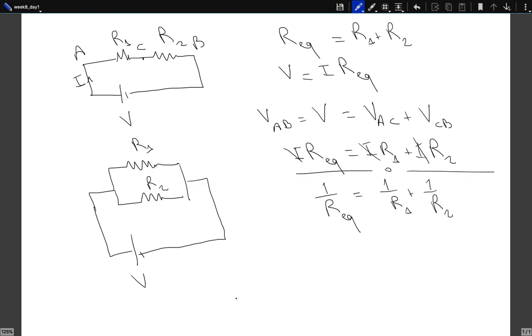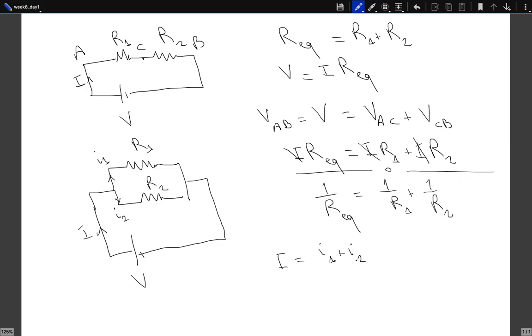And to obtain this result, what we used was, if the total current running through the circuit is I, part of it will go over resistance 1, and part of it will go over resistance 2. And the total current is just the sum.